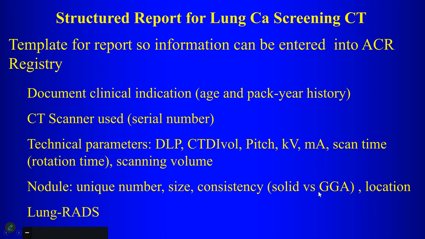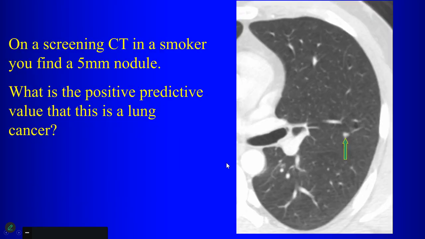Consistency, we say whether it's solid or ground glass, of course the location, and then there's the Lung-RADS scoring system. At the end, we provide a score for that particular patient, and the advantage of the score is it determines the management. So if we find a 5 millimeter nodule on a smoker, what's the positive predictive value?